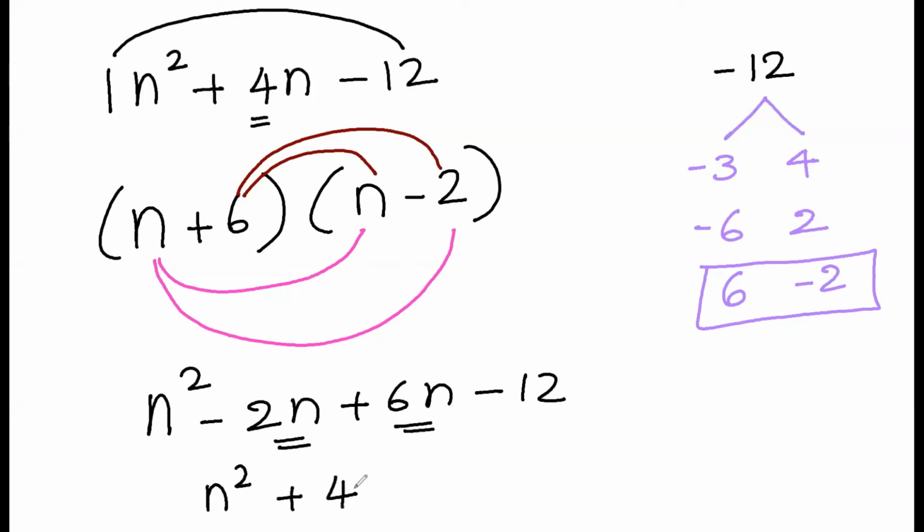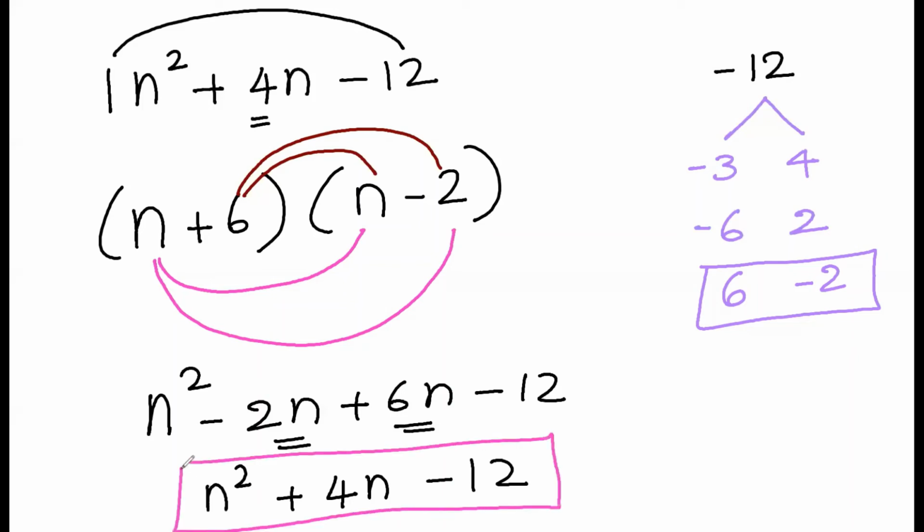That's plus 4n minus 12. And we got our trinomial back. So the factors of this trinomial, n squared plus 4n minus 12, is n plus 6 times n minus 2.